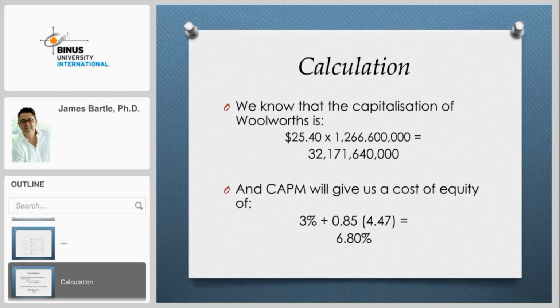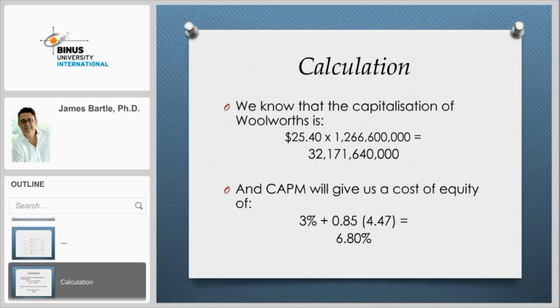You'll remember the capital asset pricing model is the risk-free rate plus beta times the risk premium. What is the risk-free rate? 3%. Well, one of the things you must do is actually work out what your investment horizon is. That's the reason I talk about beta being very important and knowing how it's calculated.